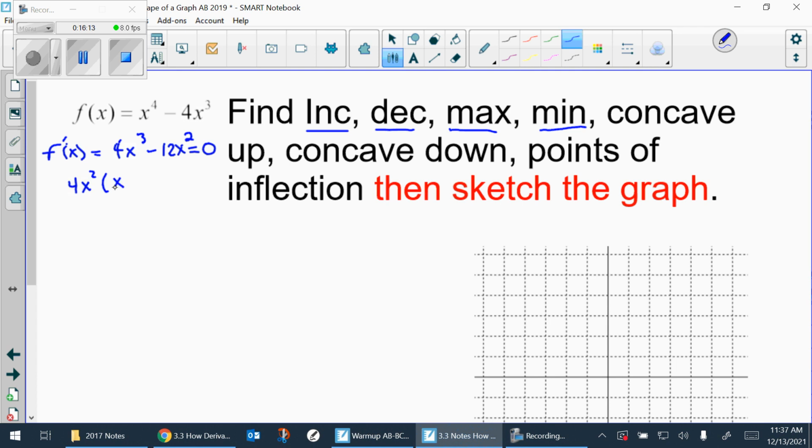And I'm going to multiply that by x minus 3. And this is going to be equal to 0. Now, I know this is equal to 0 at x equals 0, and hopefully you're saying to yourself x equals 3.